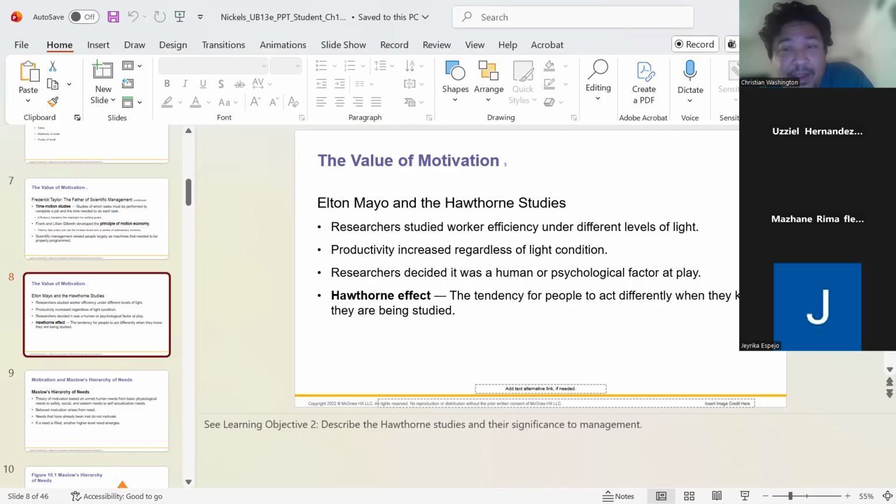The interesting thing about the different levels of light, though, maybe they're looking at productivity, but poor lighting conditions actually affect your eyesight. So the more natural light you have, the better it is for your eyesight. This has nothing to do with the value of motion study.